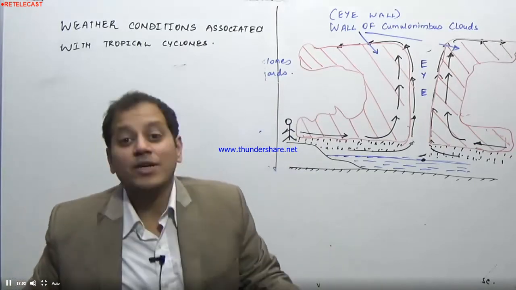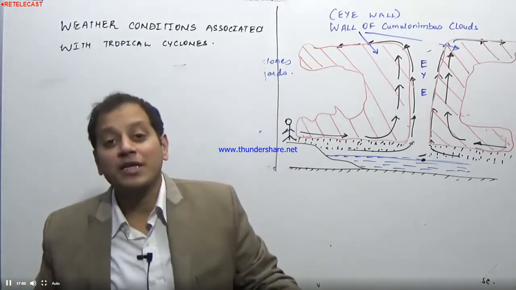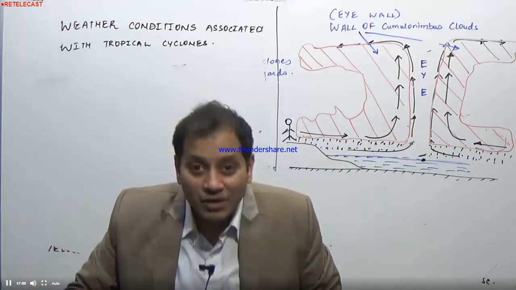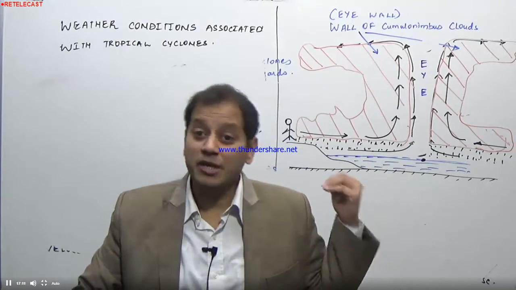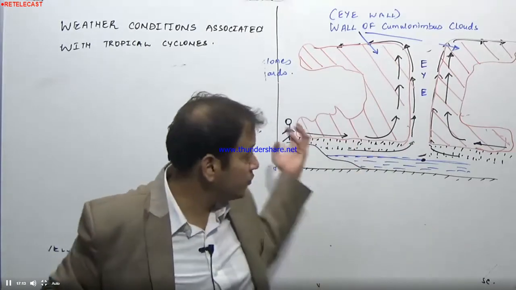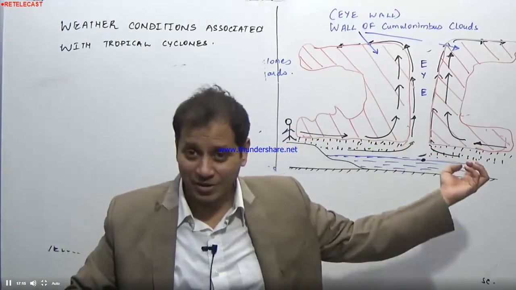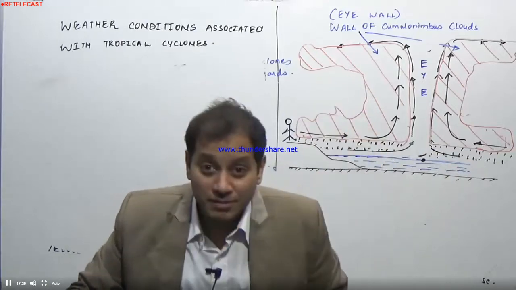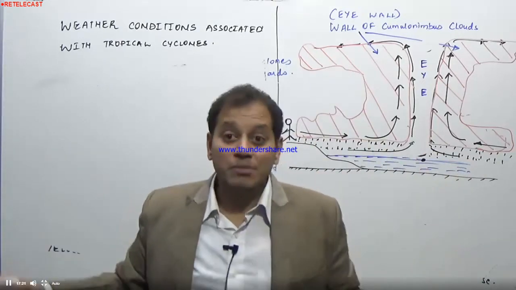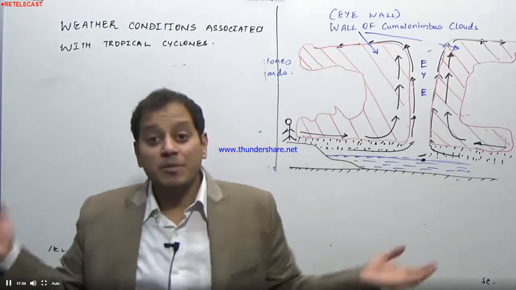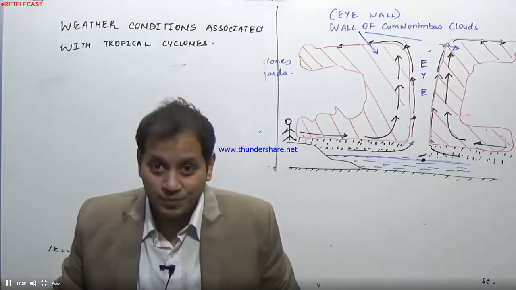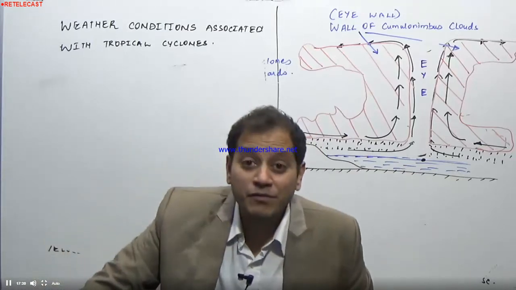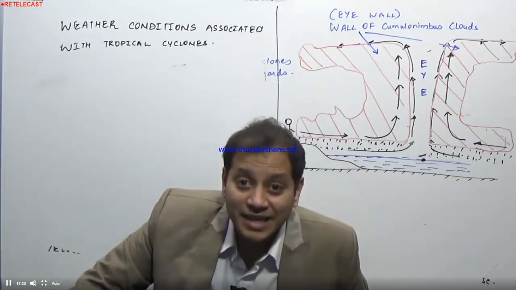Remember that it is a low pressure center, therefore there will be an increase in the temperature. So the arrival of a tropical cyclone is associated with very high velocity winds which will pull you inside the tropical cyclone. The increase of temperature, decrease of visibility, because it is cumulonimbus cloud, that visibility sometimes becomes almost zero. On the other hand, there will be very, very heavy rainfall along with lightning and thunder.